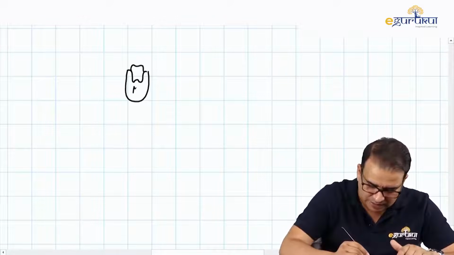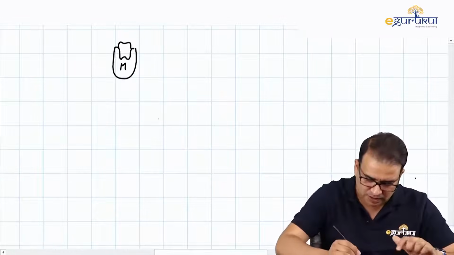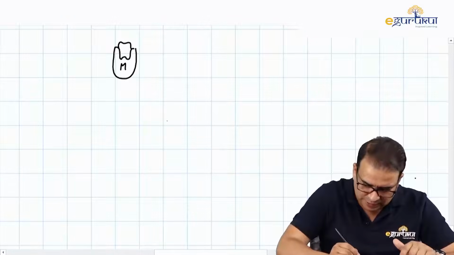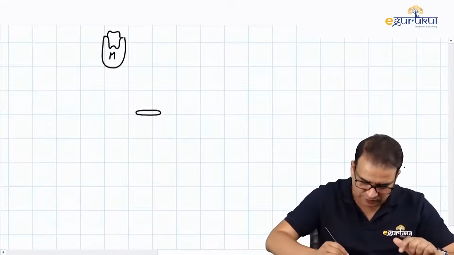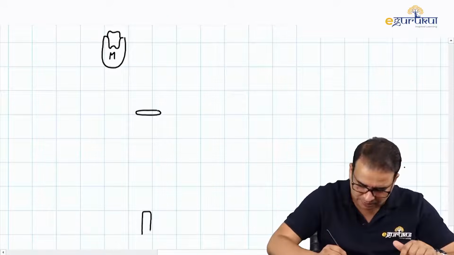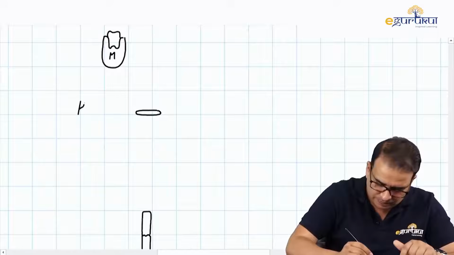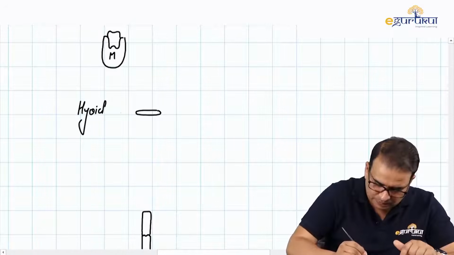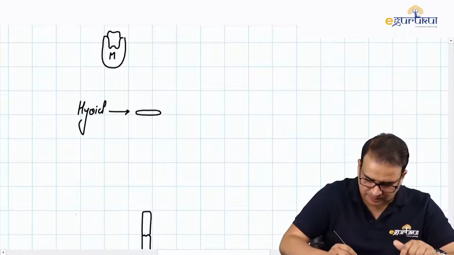I'm just writing M for the mandible. Let's say here is the hyoid bone. It's a section going through the hyoid bone. And more inferiorly, let's say this is the sagittal view of the sternum. That is a manubrium part, basically. Here is the hyoid.